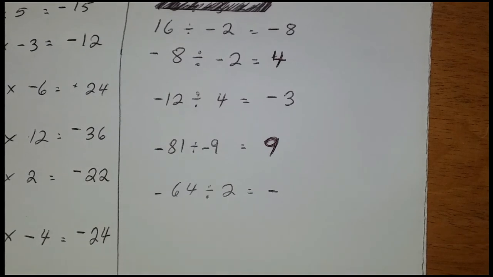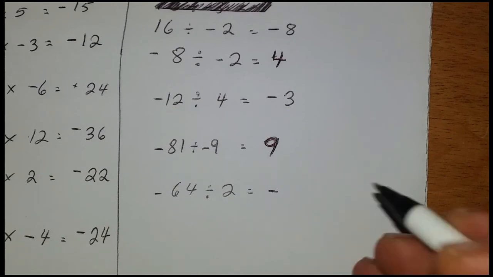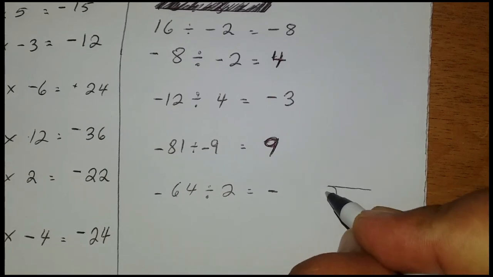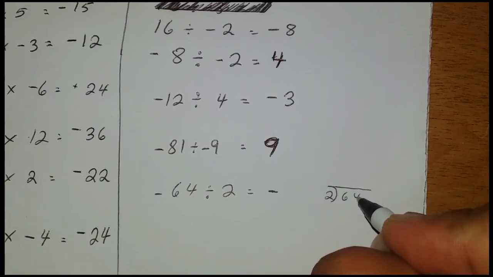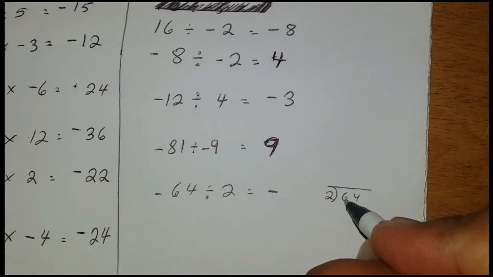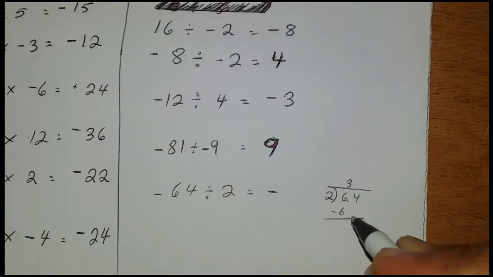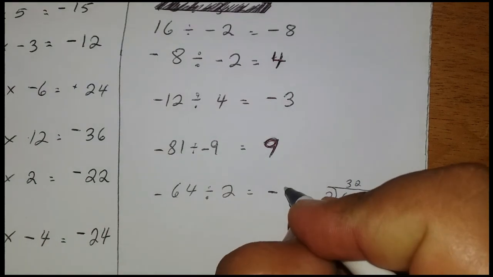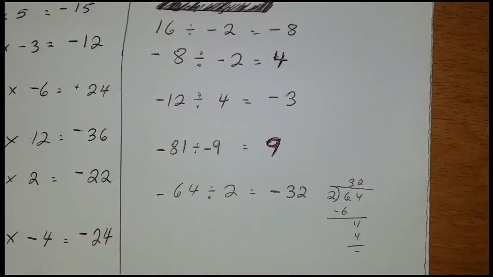Now 64 divided by 2, if we don't know that, then we just go the long way, right? But the division is going to be the same normal way how we do it. 2 into 6, that's going to be 3, minus that, then bring the 4, 2 into 4, that's 2, and then that's 4, only minus. So our answer is negative 32.